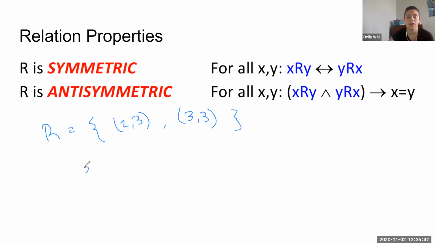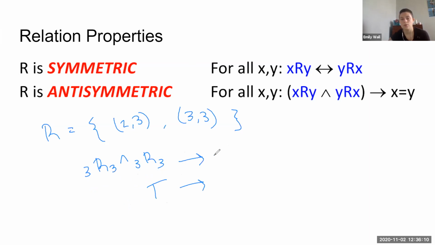I go look at the next one. I go, okay, 3 relates to 3. And then I imagine flipping the y's and x's, but it looks the same. So I look at this statement and I go, okay, is this true? And it is. It feels weird, but it's true that 3 relates to 3, and it's also true that 3 relates to 3. So now I need to continue and go, okay, this part is true.